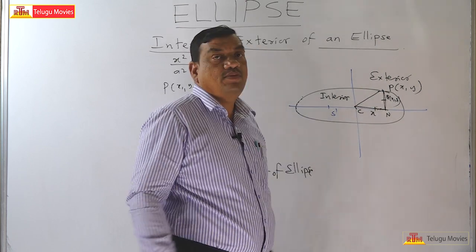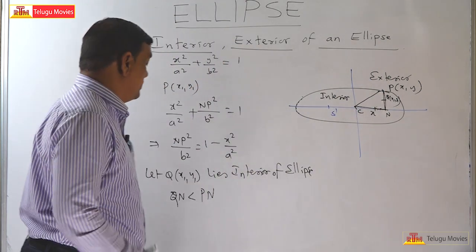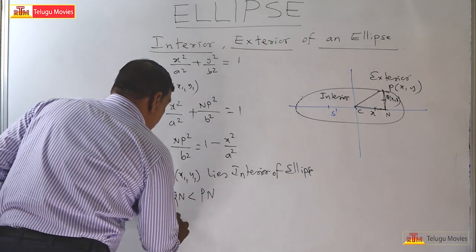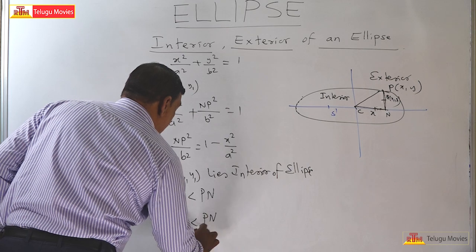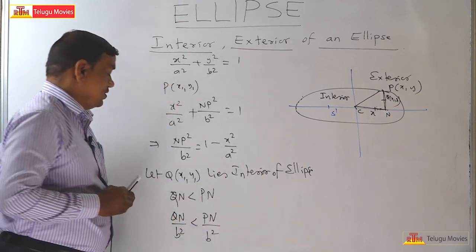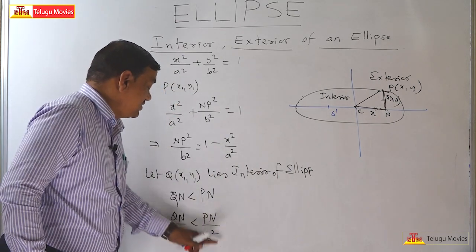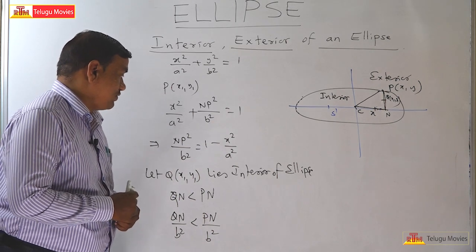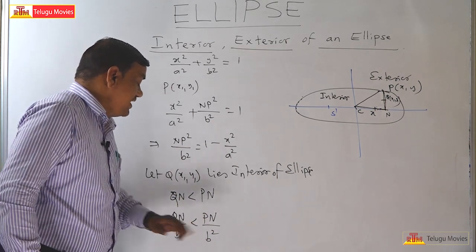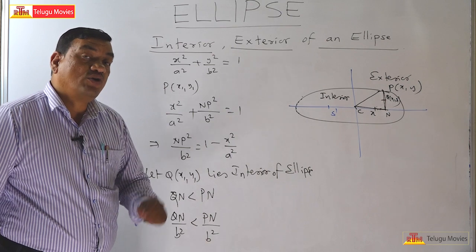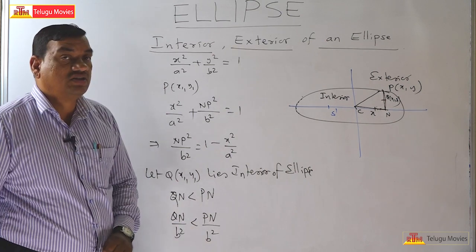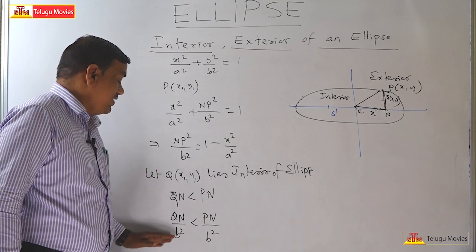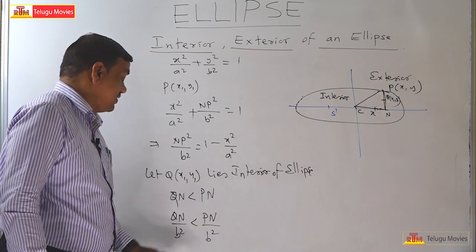That means QN square by b square is less than PN square by b square. Because b square is a positive quantity, we can divide, and the inequality sign won't change.